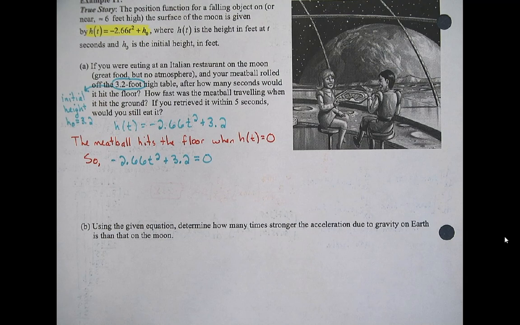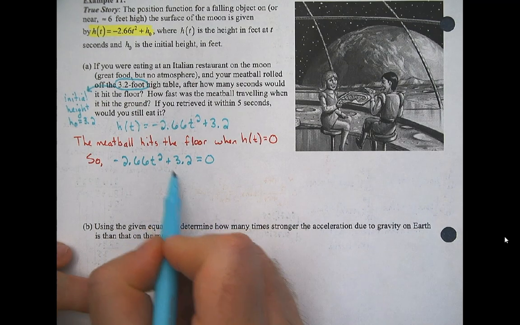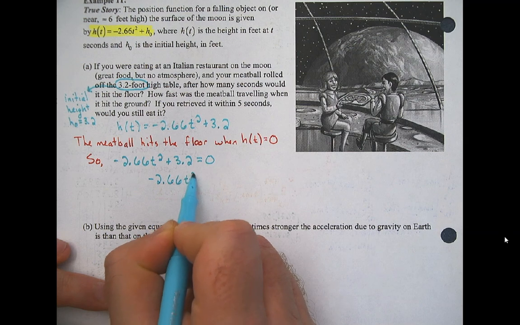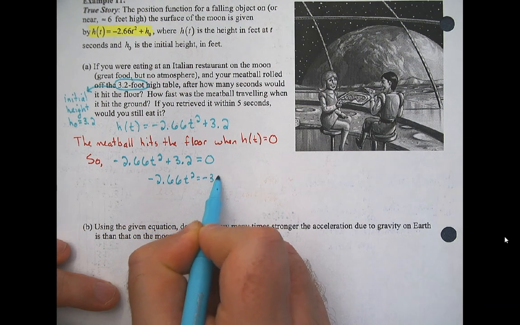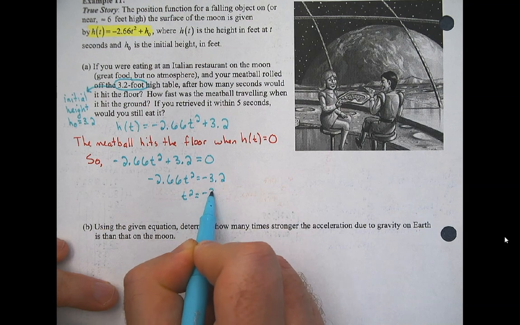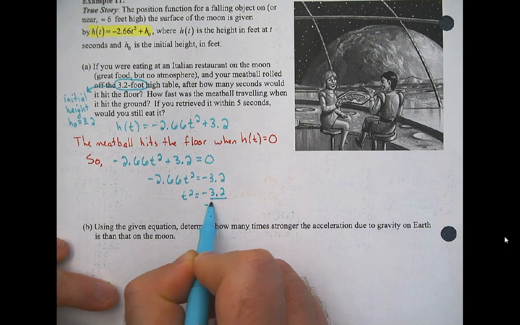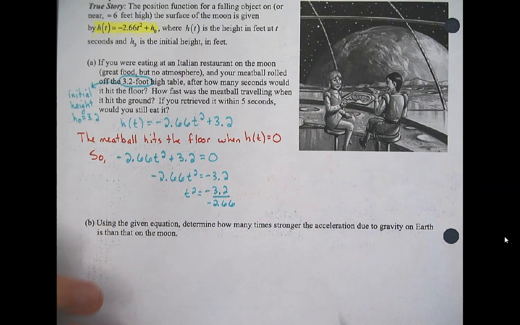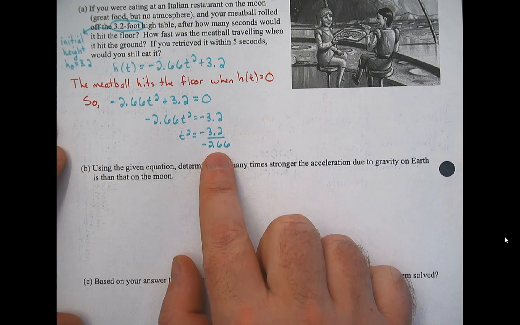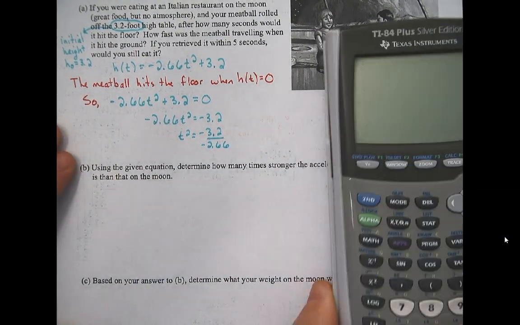All right, let's use a little algebra here. I'm going to subtract over, so I would get negative 2.66 t squared equals negative 3.2. Divide both sides. T squared equals negative 3.2 over negative 2.66. It didn't say on here that we could use our calculator, but they would never expect you to do something that crazy by hand. So we can use our calc here.